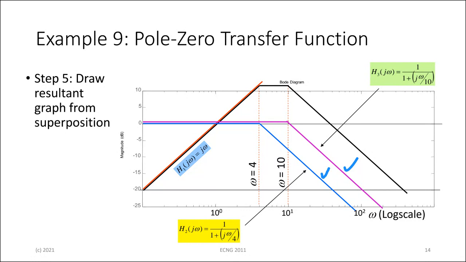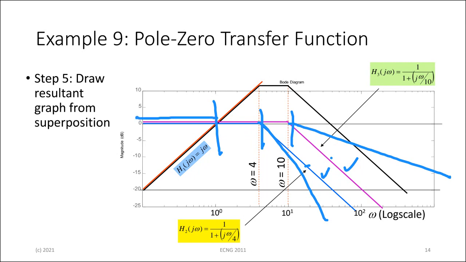So to avoid confusion, because if both of these are supposed to be at 20 dB per decade, but you draw one like this and you draw one like this, you're going to get a strange looking diagram coming up. So you try to keep the lines with similar slopes looking the same. And then you just add it up. At each frequency you have, so you have 1, you have 4, you have 10, you're going to see what are the three lines doing before 1?